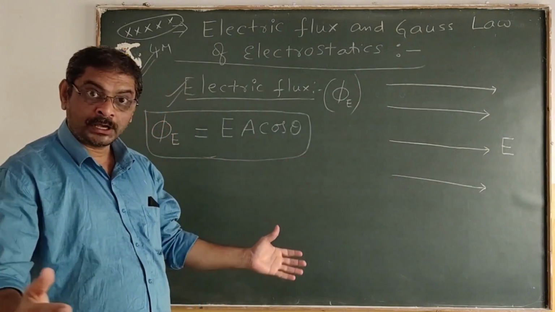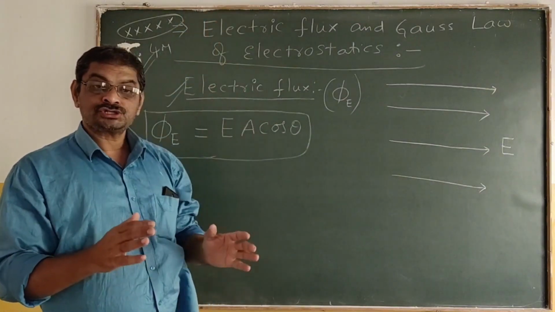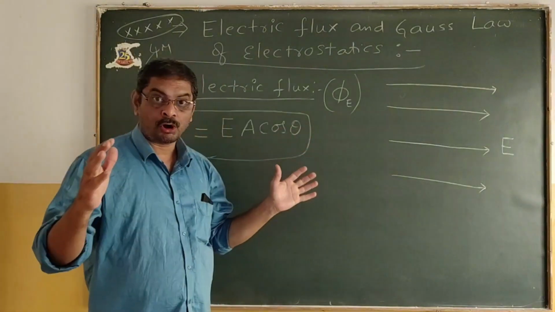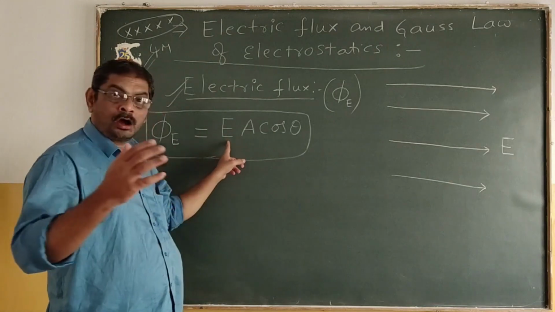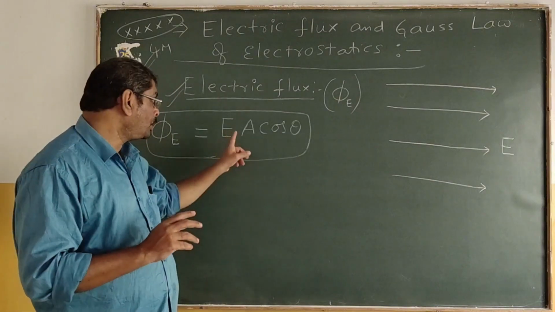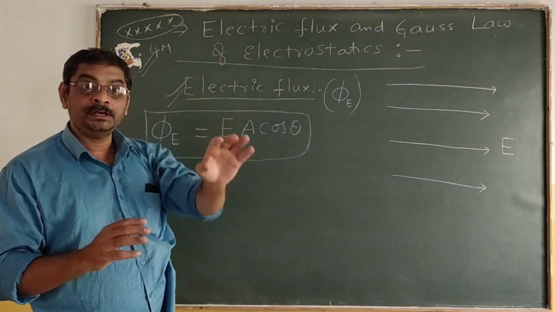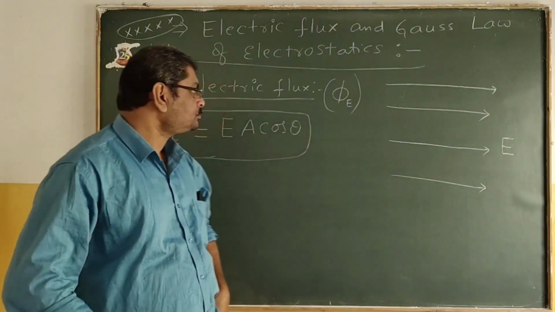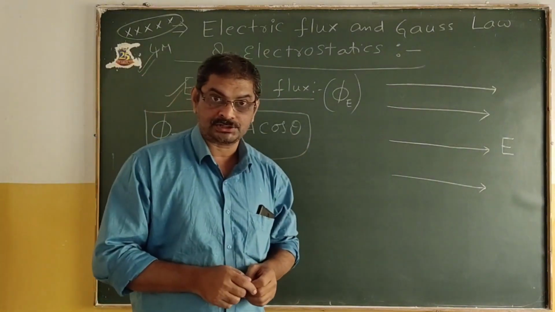Remember, in this formula E denotes the electric field vector, A the area vector, and theta the angle between both vectors. That is the formula for the electric flux.